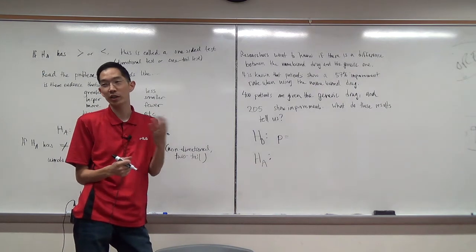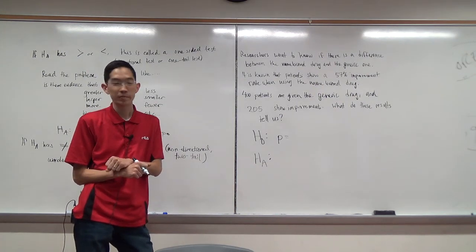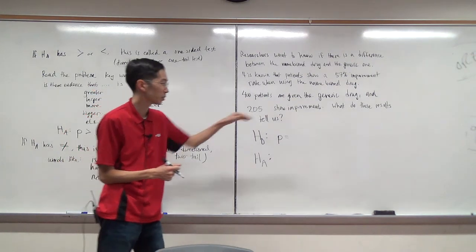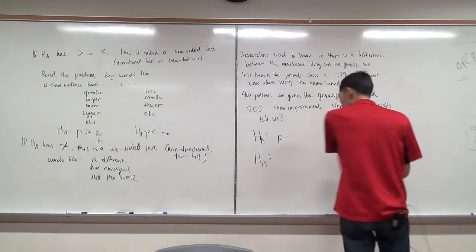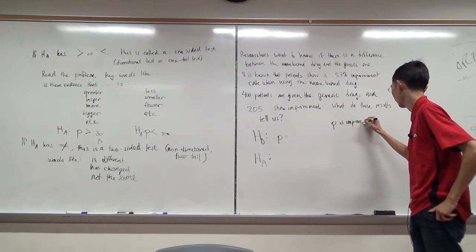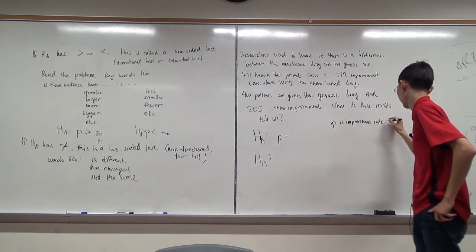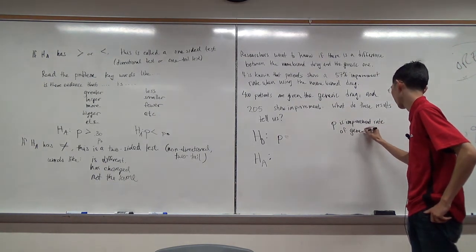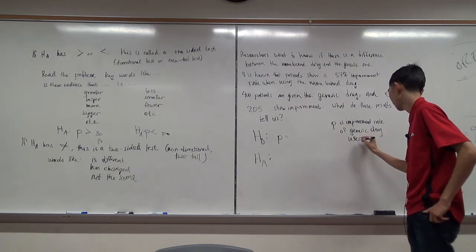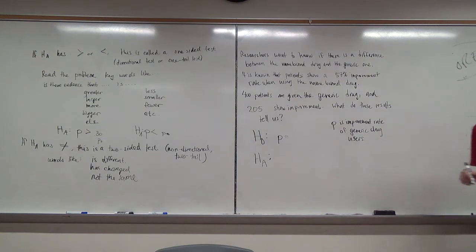It is the improvement rate for people who use the generic drug. Okay, so P is the improvement rate of generic drug users. And we want to know, how does it compare to the name brand drug?